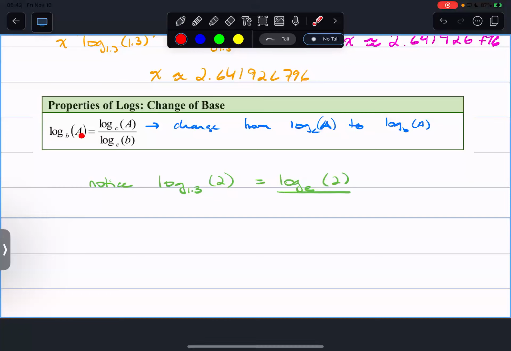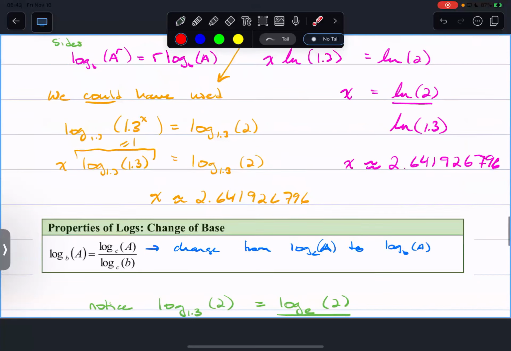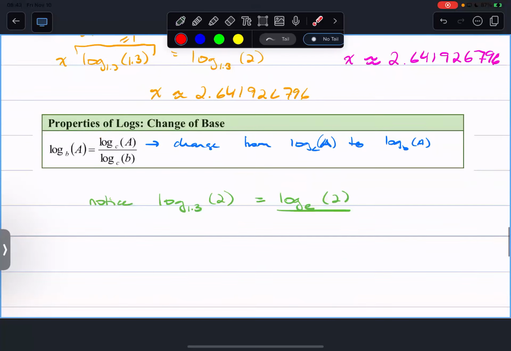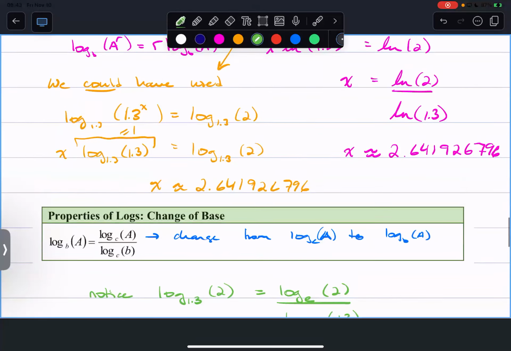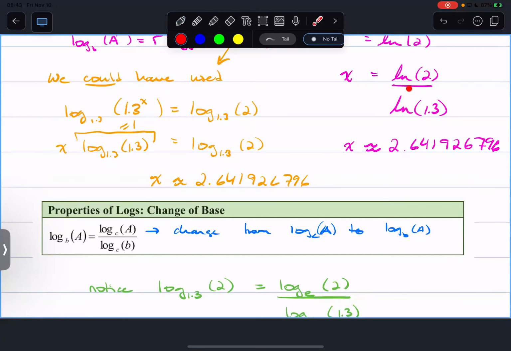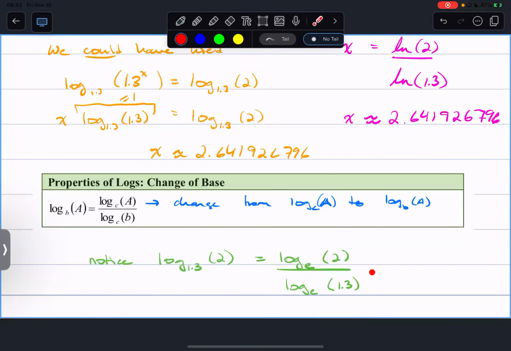So I'm taking components from the first part and I'm forcing c to be e in this case to make them match up. And so now I've got log base e of 2 over the log base c, which we're using e, of b, which was 1.3, which is exactly what we had here. So that's why they're the same.